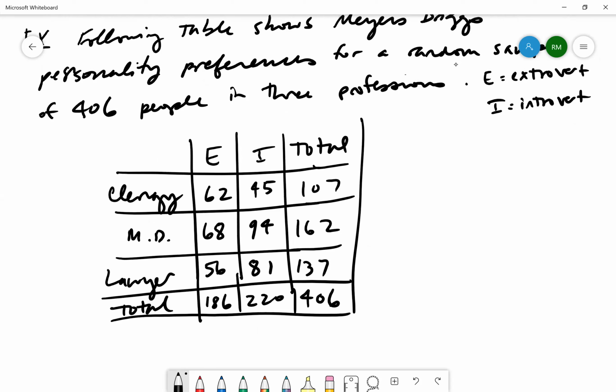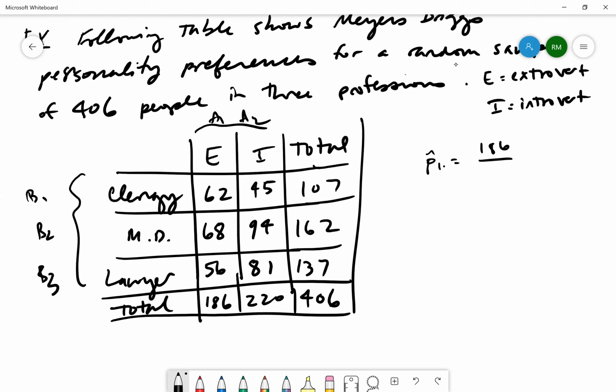All right, so I'm going to discuss a little bit about what's happening. Let's say these are the different categories for B, so B1, B2, and B3. And these are the categories A1 and A2. So we can estimate all of these probabilities. So we estimate the probability of one dot: what's the probability of an extrovert?